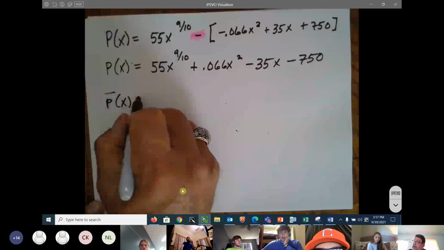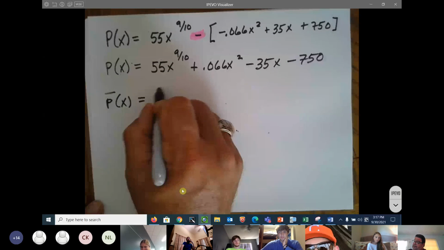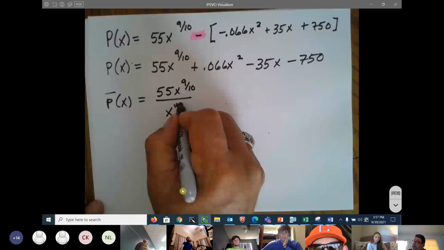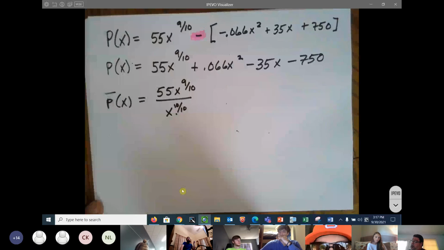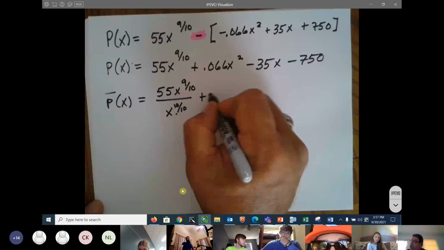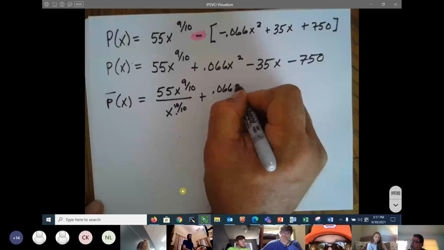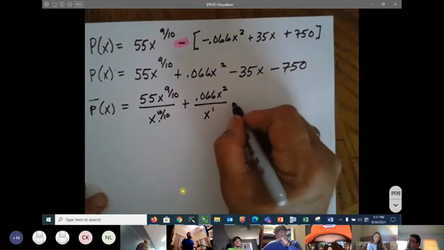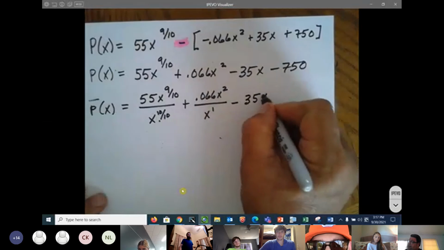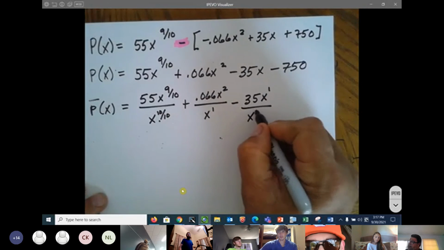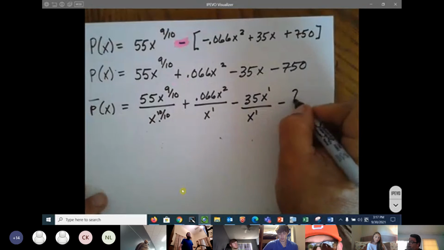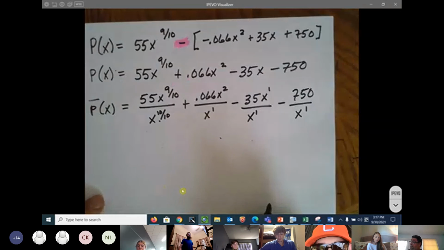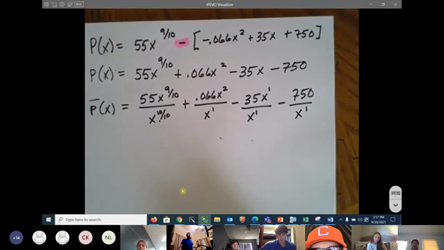So I'm going to divide 55 X to the 9/10 by X to the 10/10. And 0.066 X squared divided by X to the first. And 35X to the first divided by X to the first. And negative 750 divided by X to the first. Okay, all those are X to the first.